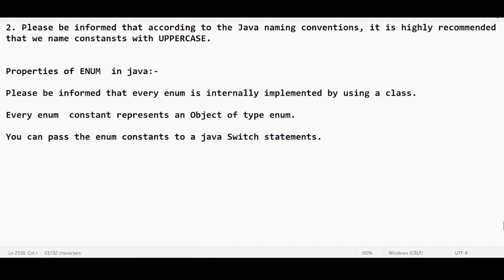Just to repeat: instead of passing data types like integer, float, double, or character, we can also pass the enum constant in the switch cases. Every enum constant is always implicitly public static final.